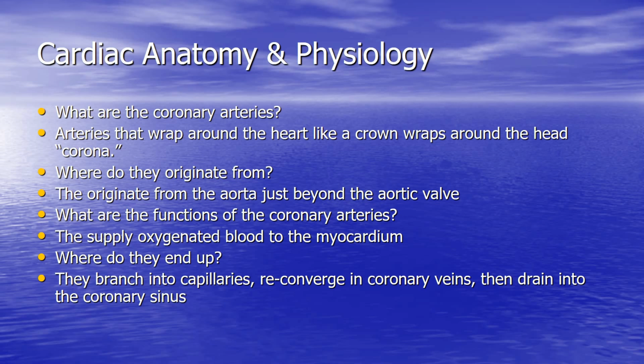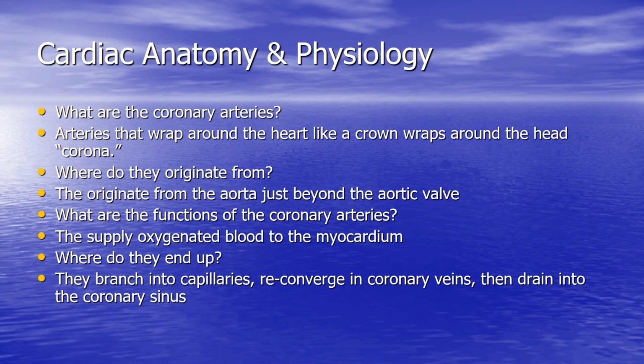So anytime you have arteries that originate from blood vessels, all arteries end up branching into capillaries. Capillaries end up fusing back into veins. So that's a mini circulation right there in the heart.